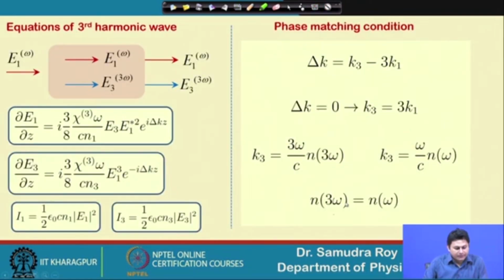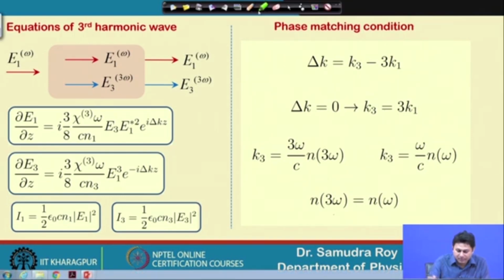Okay. So, this is the equation of the third harmonic wave that we derived in our last class. The derivation is almost the same as the way we derived the second order effect, or second harmonic generation, but the only thing you need to note here is the phase term.